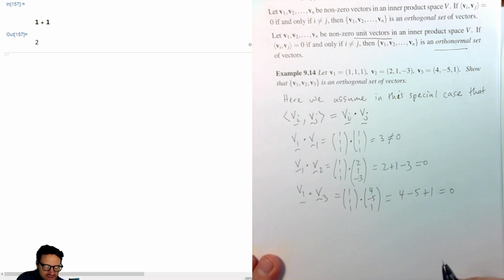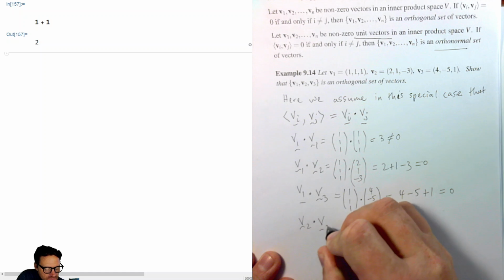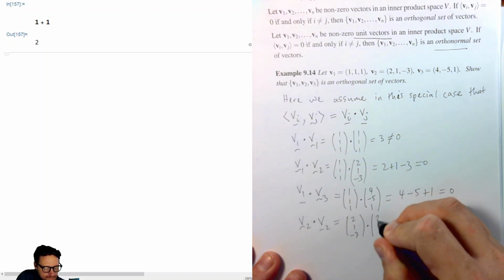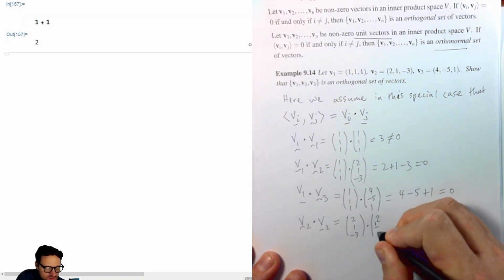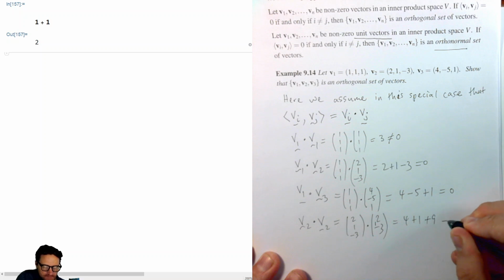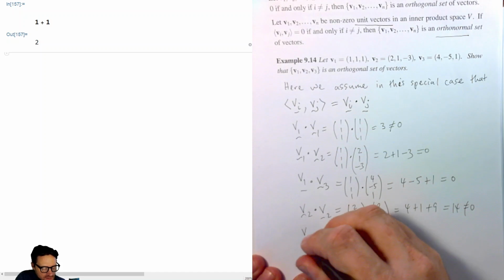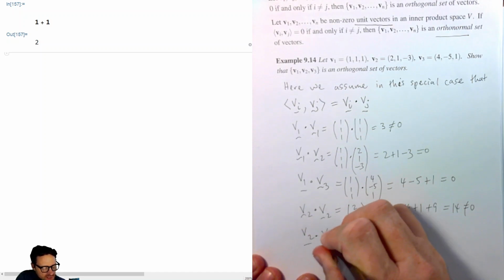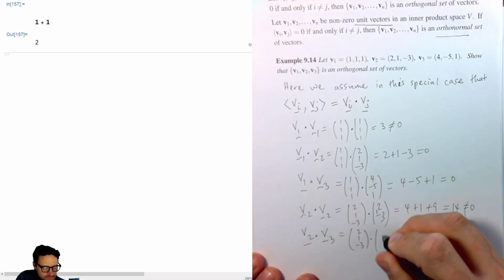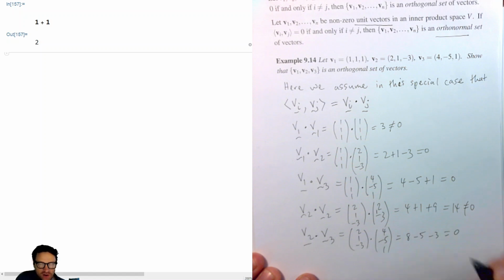Now we haven't yet taken v2 dot v2, which is (2, 1, -3) with itself. So we have 4 plus 1 plus 9, which is 14. That's non-zero. And then v2 dot v3 we haven't yet taken. So we have 8 minus 5 minus 3, which is 0.